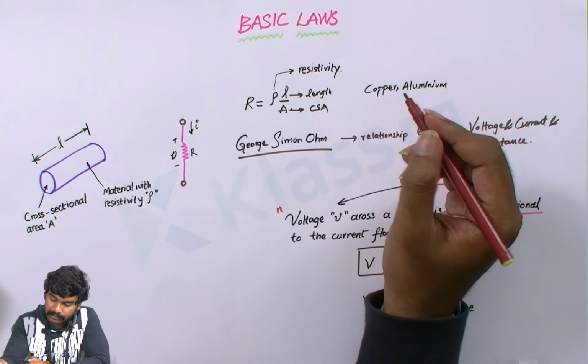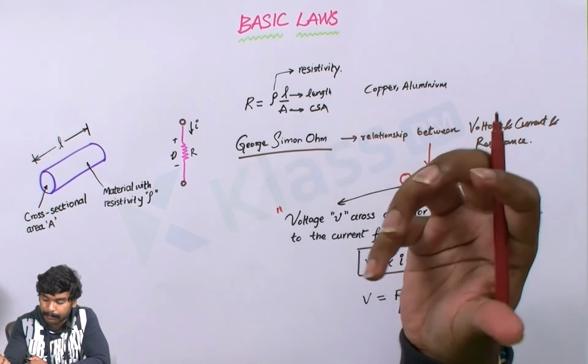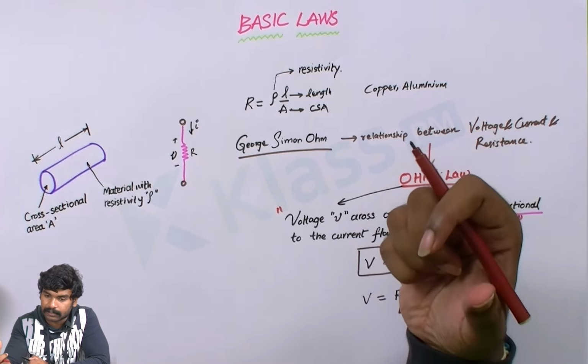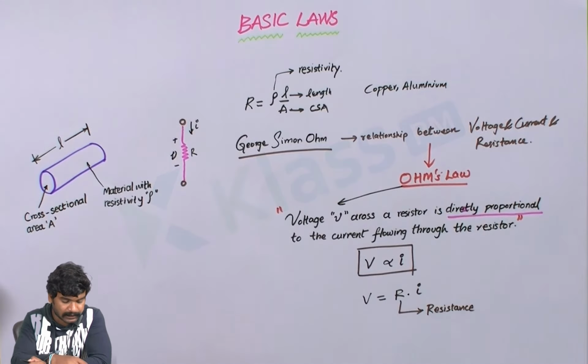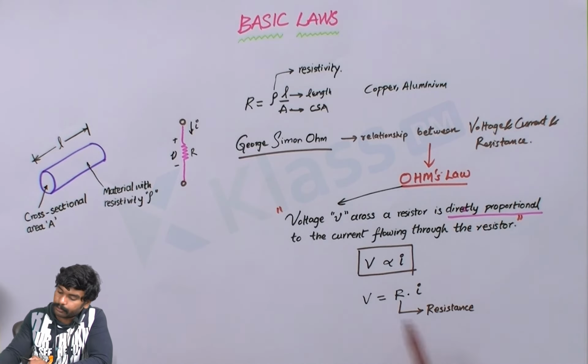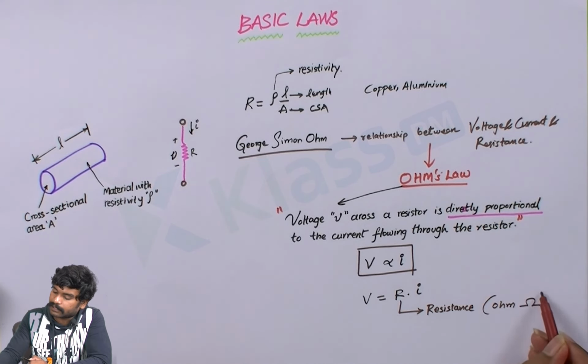Not only that, resistance depends upon temperature as well. The temperature dependency of a resistor is known as the temperature coefficient of resistance. The unit of resistance is named after the scientist himself, Ohm, with the symbol given like this.